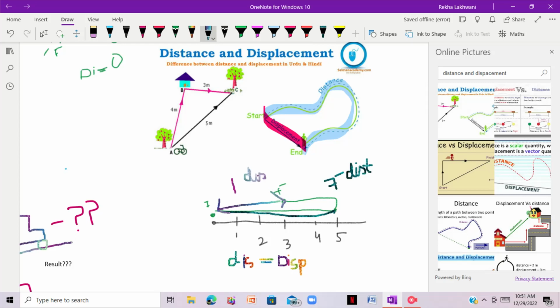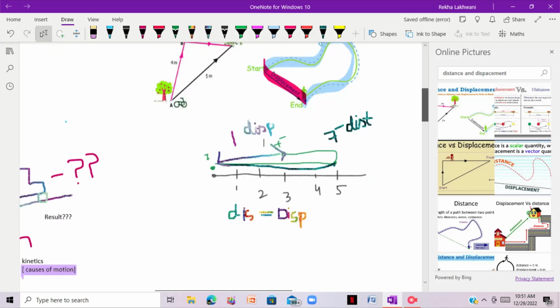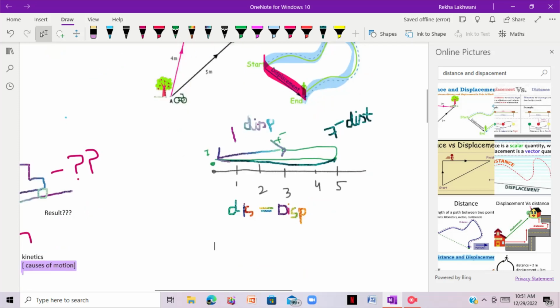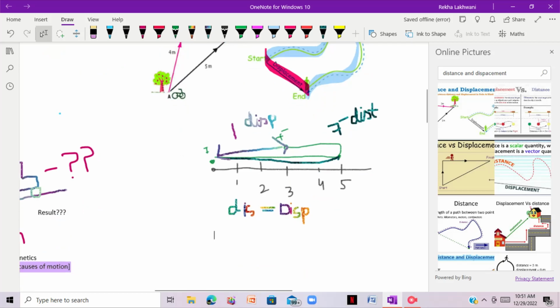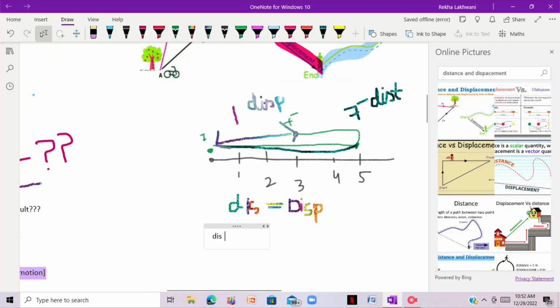Either both will be equal, or distance will be greater than displacement, but displacement cannot be greater than distance. So these are the two conditions which come: distance is equal to displacement, or distance is greater than displacement.